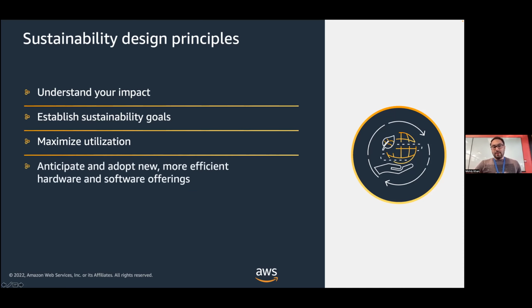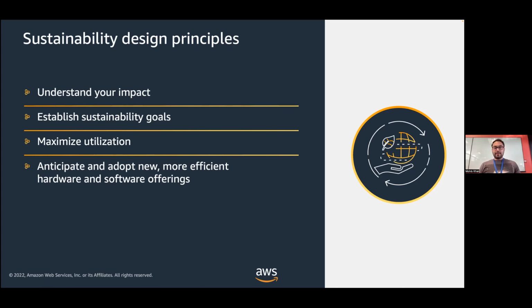Let's move on to the other one: anticipate and adopt new, more efficient hardware and software offerings. So yesterday you would have heard about a word called Graviton, and Graviton 2 and Graviton 3. So what kind of compute powers or compute services you can use in order to have those better and optimized resources of the AWS cloud.